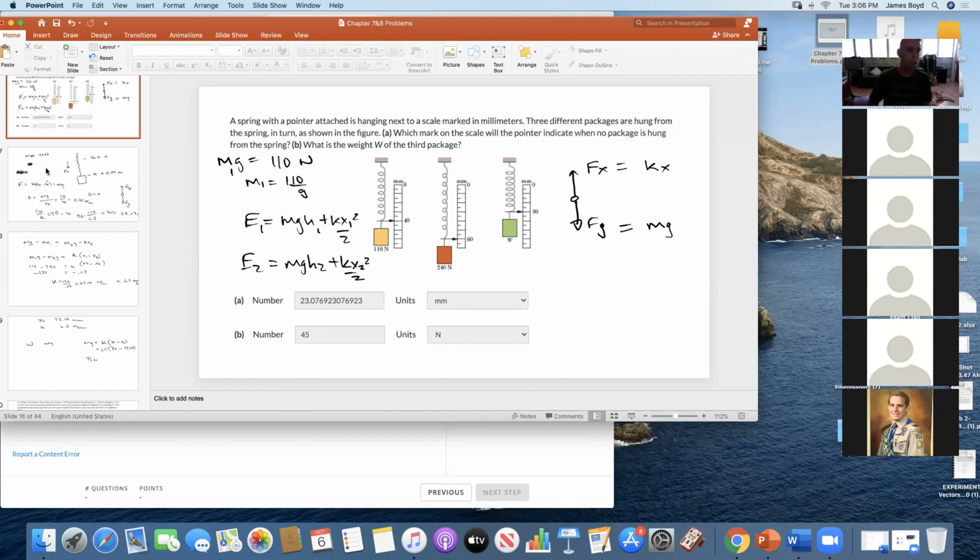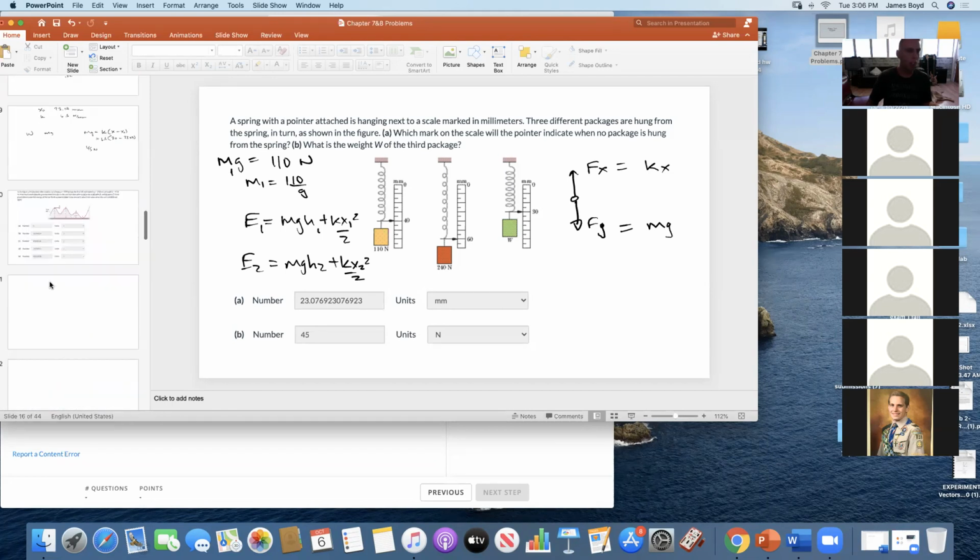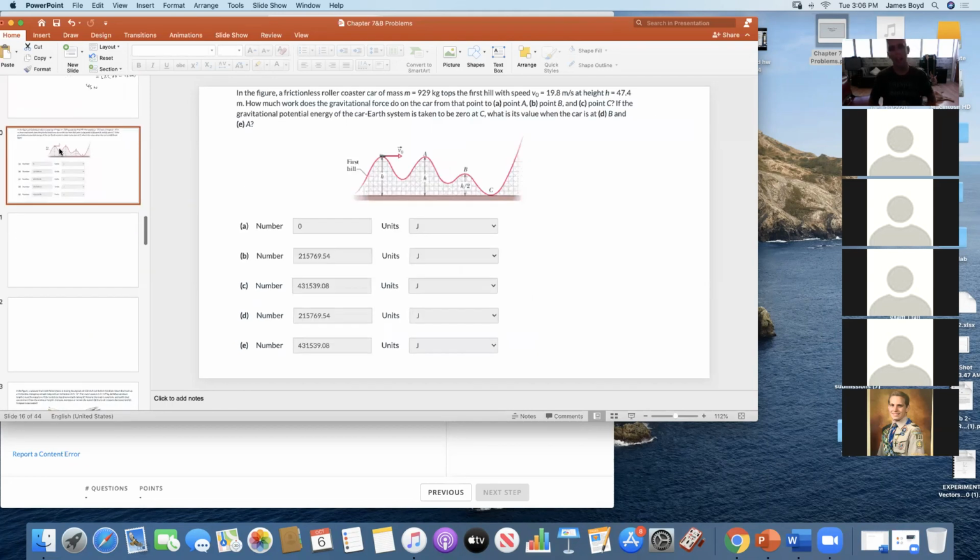Anyway, moving on. I don't want to deal with that problem anymore. I want to get to stuff that's actually useful. This problem is something called a roller coaster problem, and no problem illustrates what I'm trying to get through to you guys more than these. It looks like a roller coaster, right?